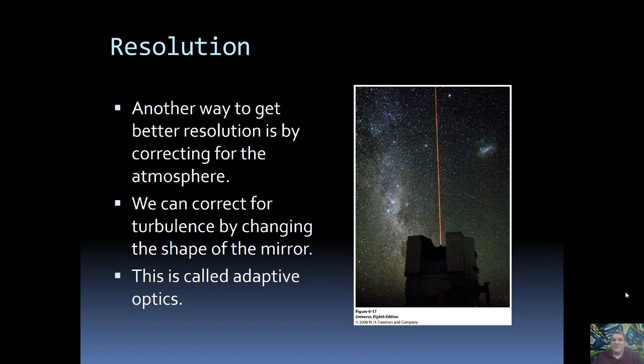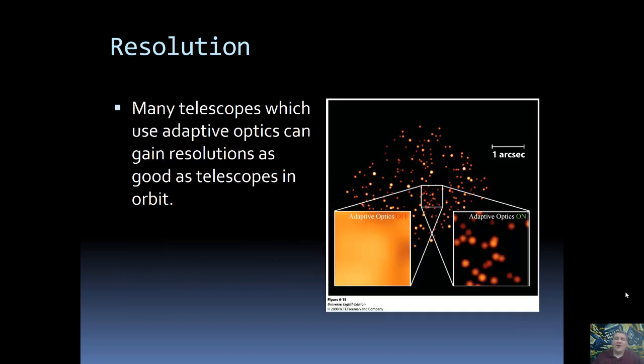This is absolutely amazing. To help get you a feel for how awesome adaptive optics is, here we're looking at a rich star field, a region that has lots and lots of stars all close together. On the left square, this is without adaptive optics.